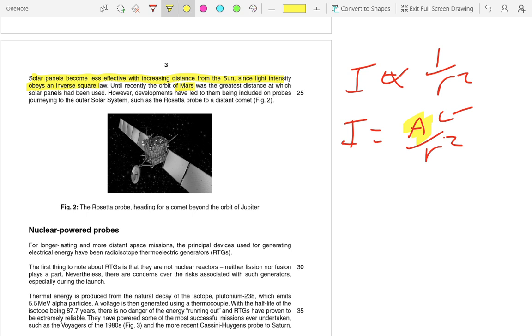If they don't give you a constant, and they just want you to find a ratio, it doesn't matter either, because you can work out I Earth is proportional to 1 over r_E squared.